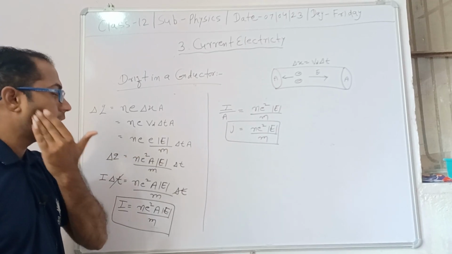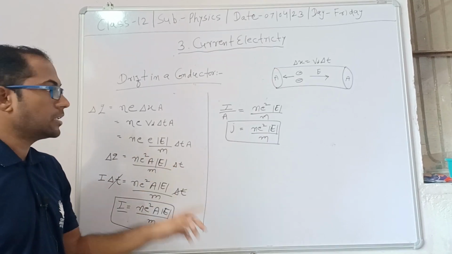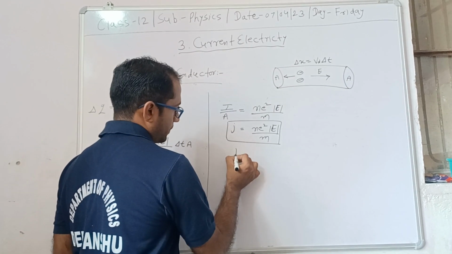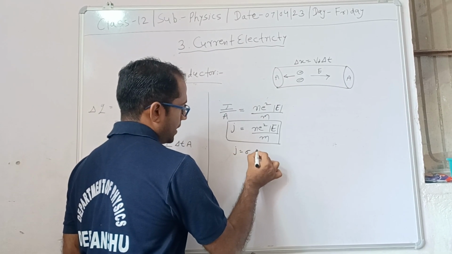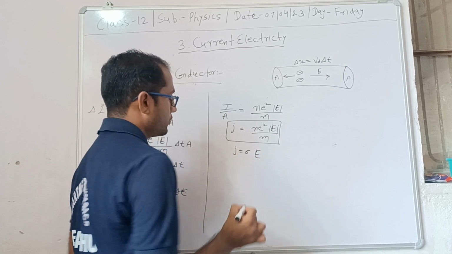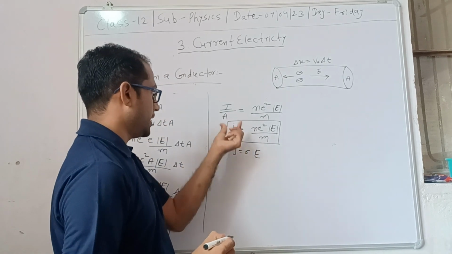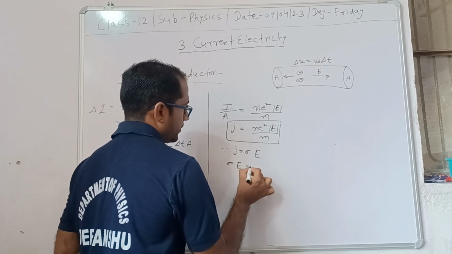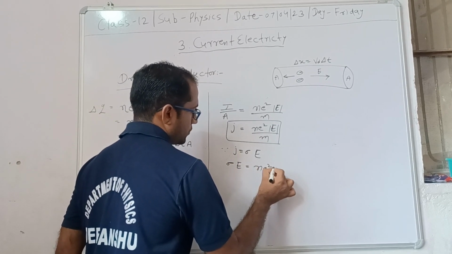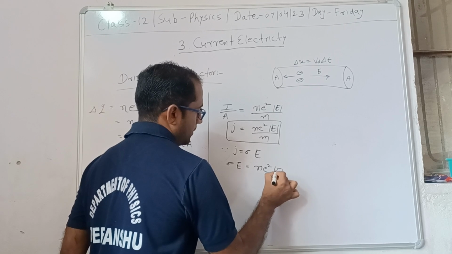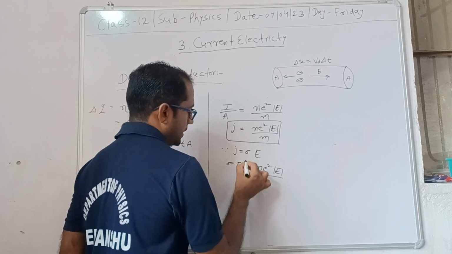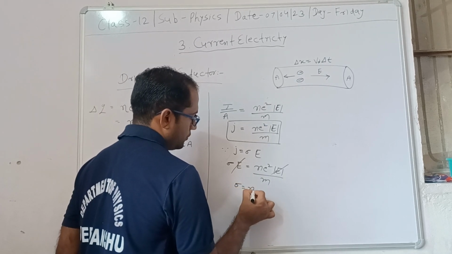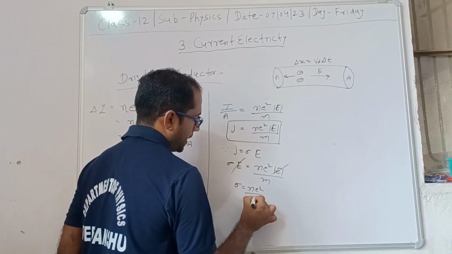If we find the relation of resistivity and conductivity in this form, we know that J equals sigma E. So we put the value of J equals sigma E here, then sigma E is equal to n e squared E by m, and this E cancels out, then we get sigma equals n e squared by m.